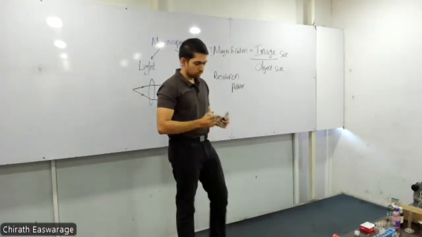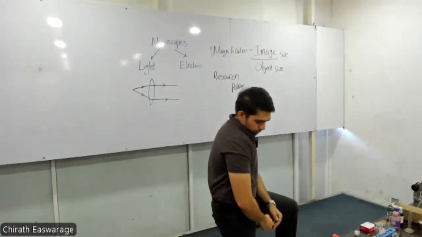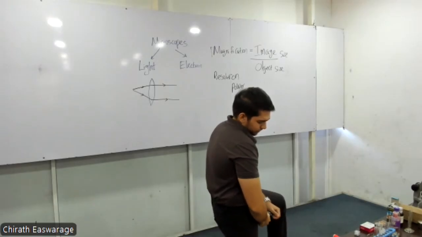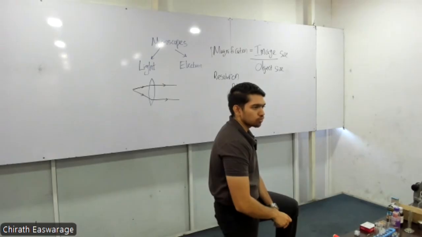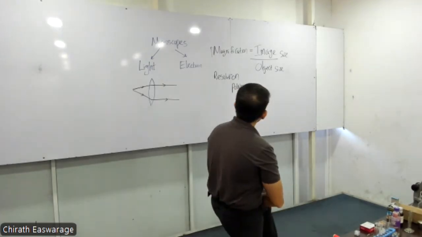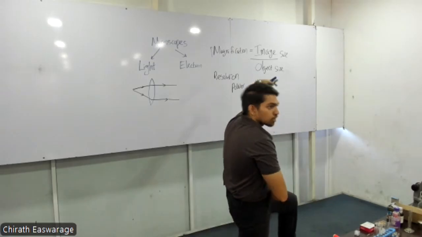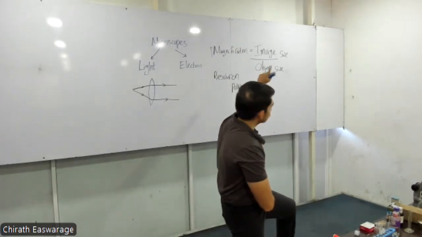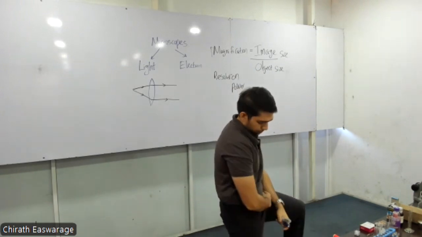Highlight the definition of magnification. Maximum magnification of a light microscope is 1000 times. Usually, using a light microscope, we can achieve about 1000 times magnification. That means the image is 1000 times bigger than the object. That's the logic.